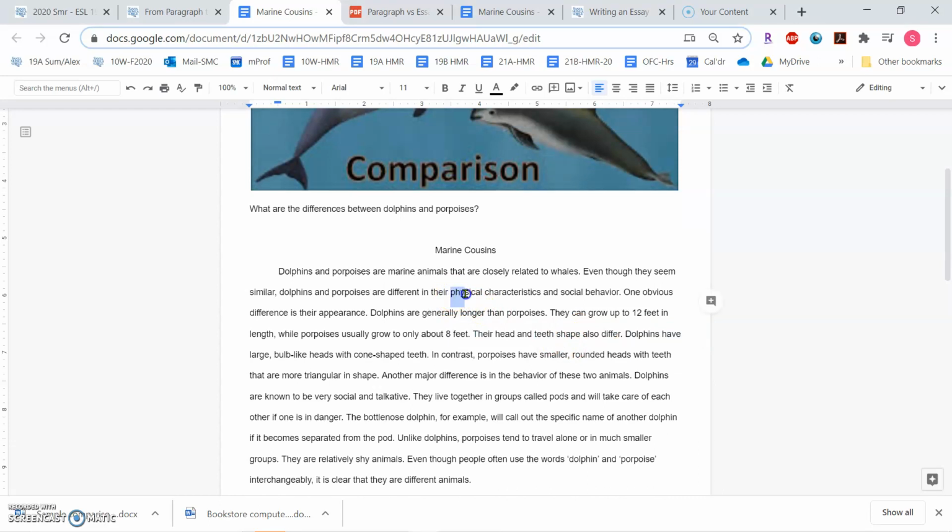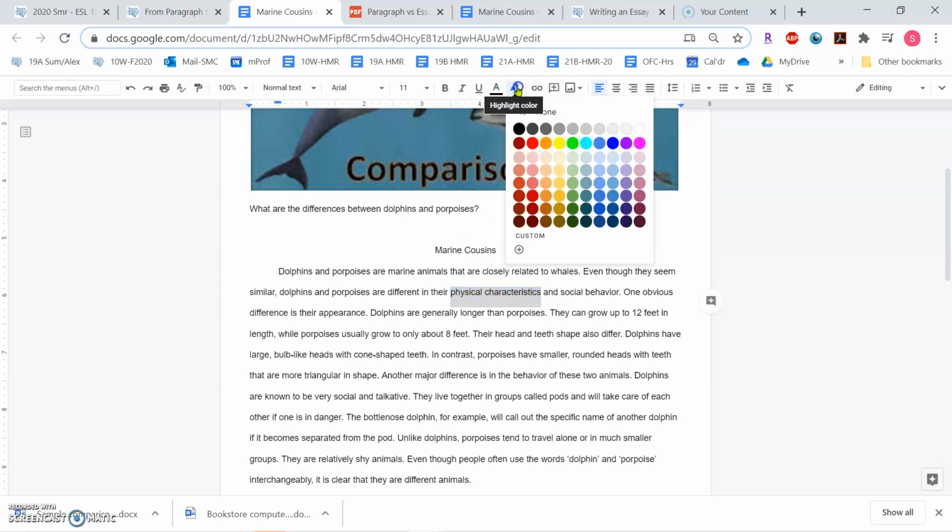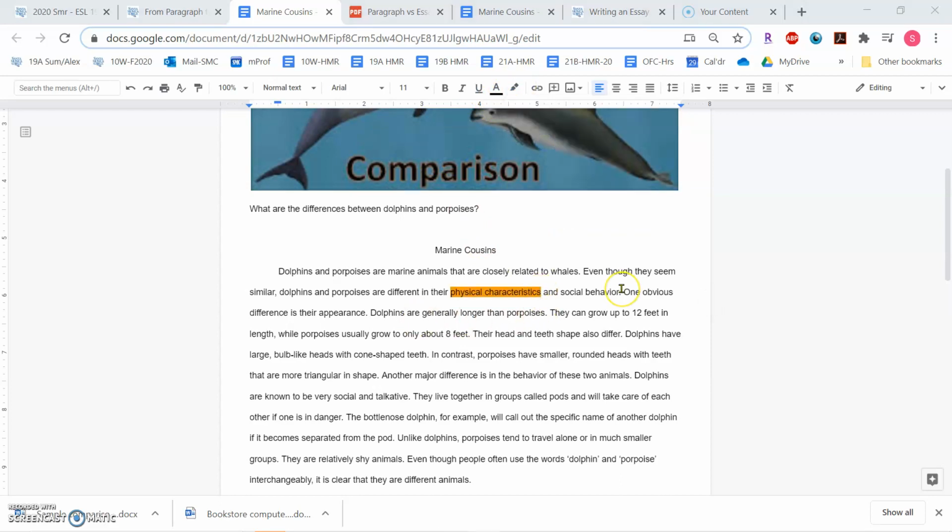So first, we're going to talk about physical characteristics. Your first supporting point says, one obvious difference is in their appearance. So how they look, how they physically look. So those 2 are related.